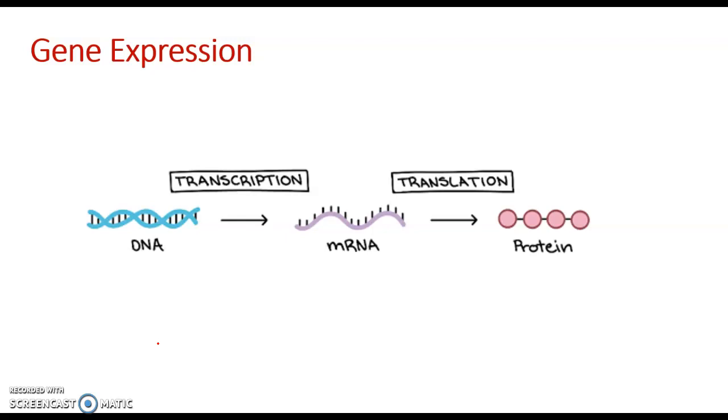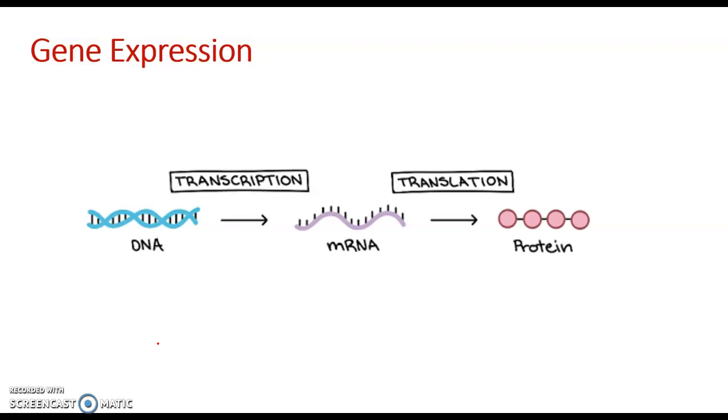Then RNA is able to leave the nucleus to find a ribosome, which hopefully we remember can be found either floating in the cytoplasm or on the surface of the rough ER. And when the RNA finds a ribosome, translation occurs, which translates the message from the DNA into the specific protein that gene codes for.